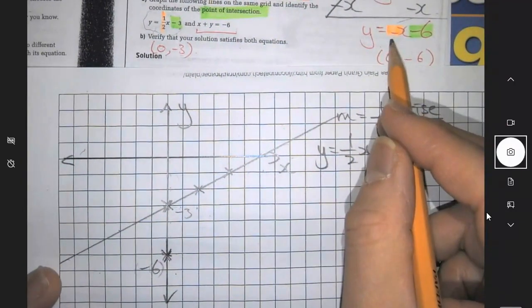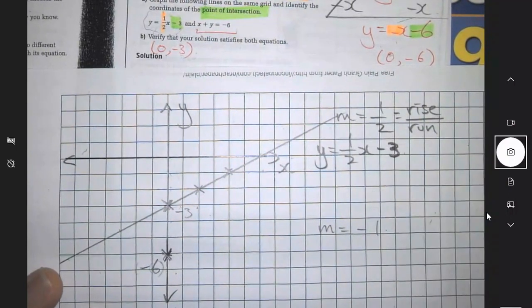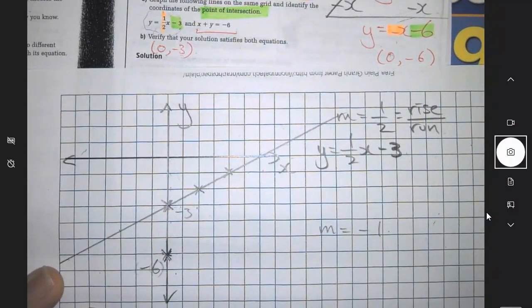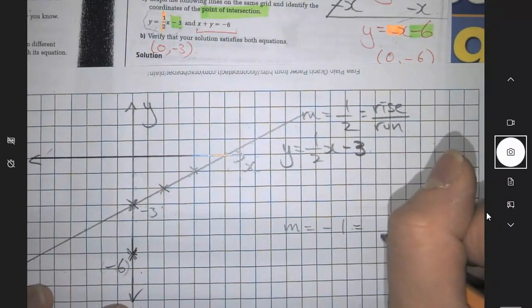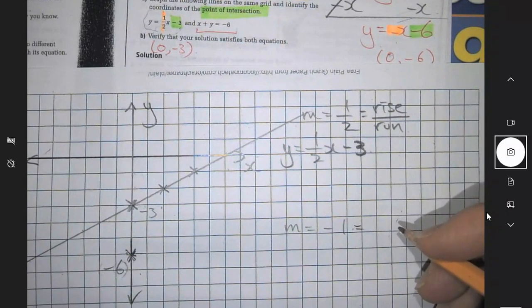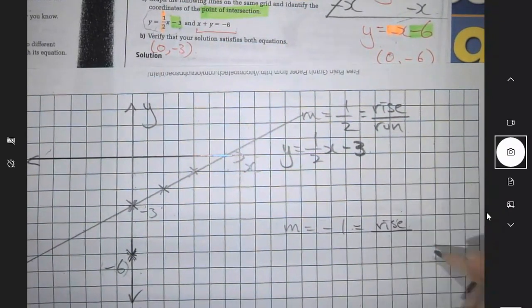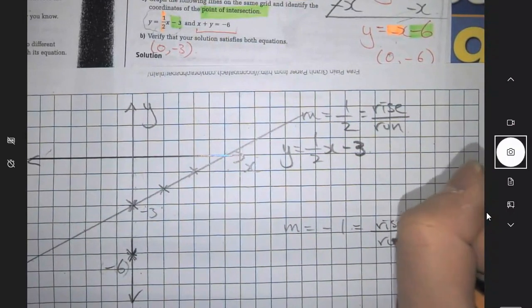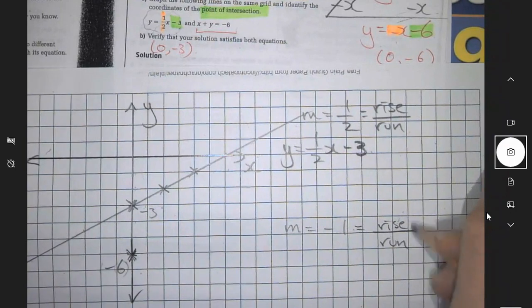And the slope of this line is minus 1. Now, this is a part where you do remember your rise can be positive or negative, but your run will always be positive, at least for us when we're graphing from left to right.